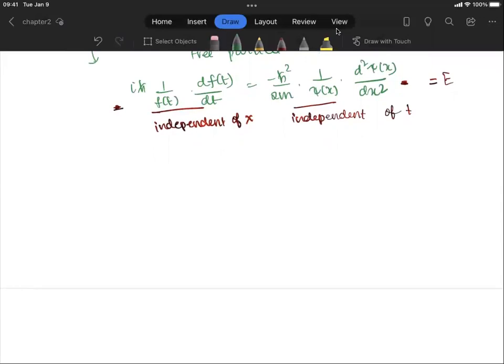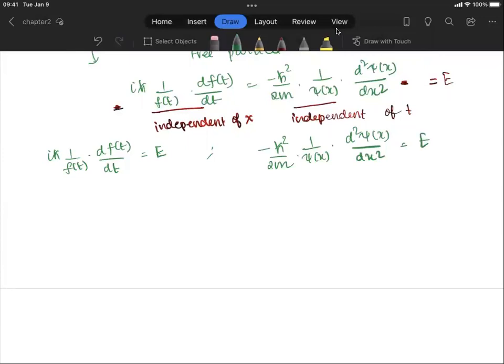This can be solved separately, and this can be solved separately.